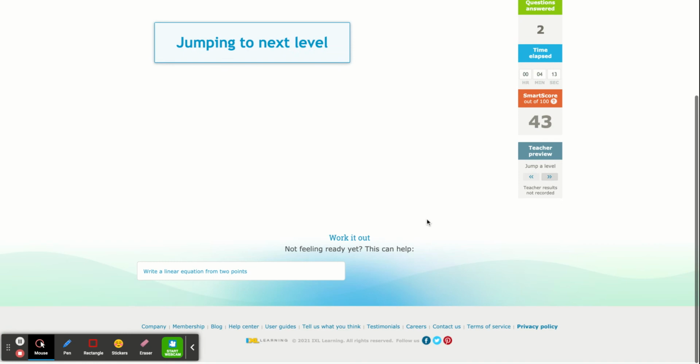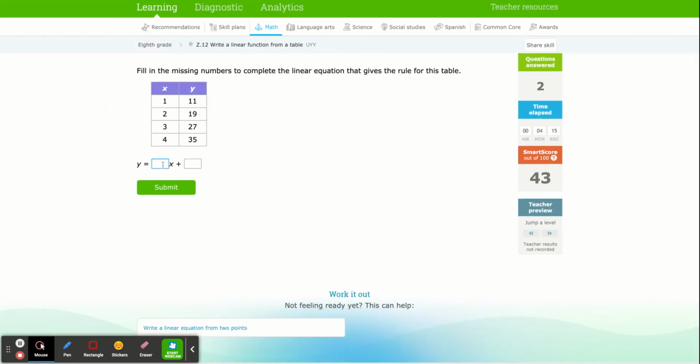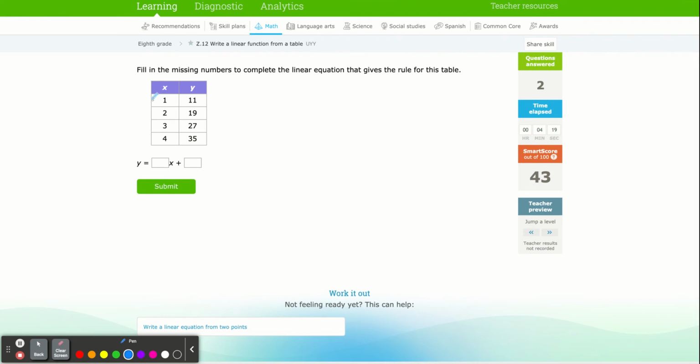As we get up in even higher lessons, again, now we have to find the slope and the b value. So again, first thing I'm going to do is find my slope. I'm going to find the change in x, which is 1. I'm going to find the change in y, which looks like that's a positive 8. So again, rise over run, the change in y is on top, run is on bottom of my fraction.